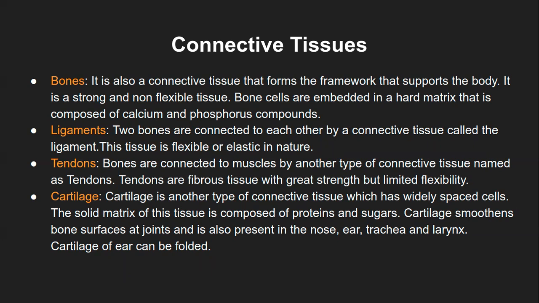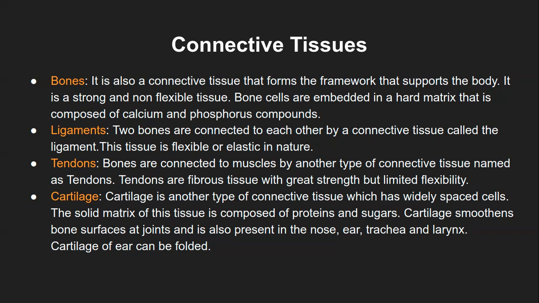So apart from the hardness or softness of the tissue, the bones are still some sort of intercellular matrix which has a high amount of calcium and phosphorus compounds, and the bone cells are embedded within this matrix. Now this does not mean that bone will not have mucopolysaccharide or hyaluronic acid or any other component.